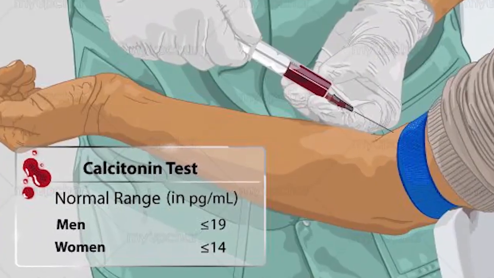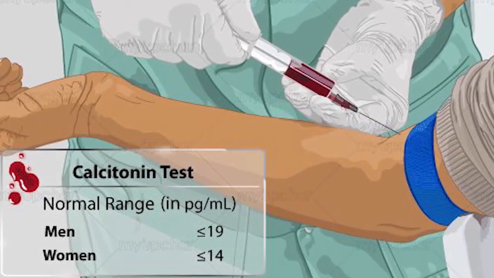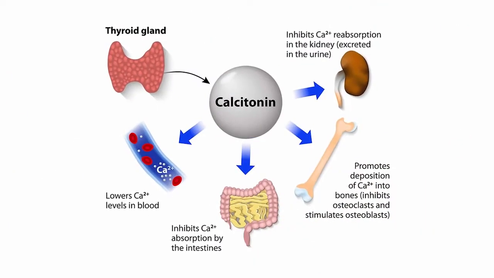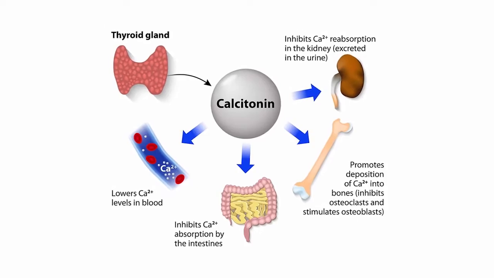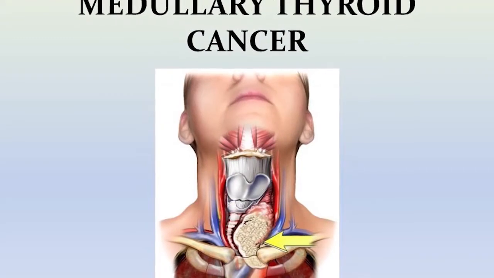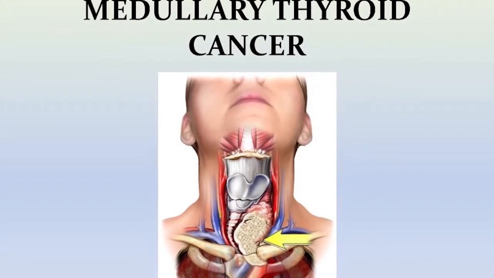So we check your calcitonin hormone also. Usually the calcitonin hormone gets disturbed when you have cancer of the C cells, and these are mostly medullary thyroid carcinomas. So MTC will have a higher level of calcitonin.